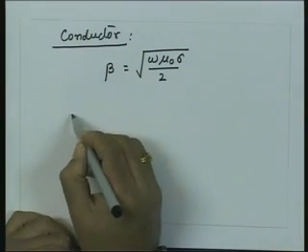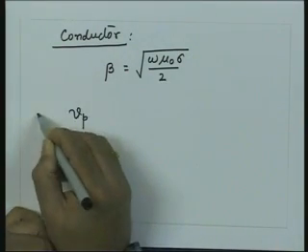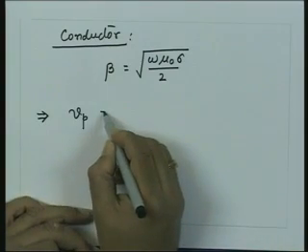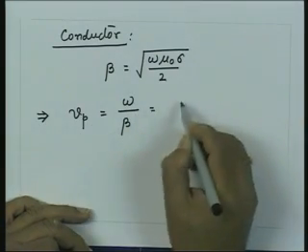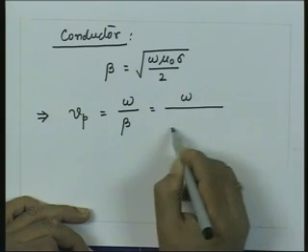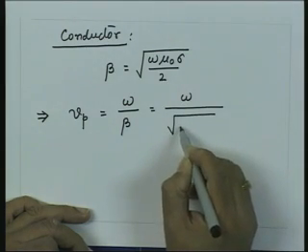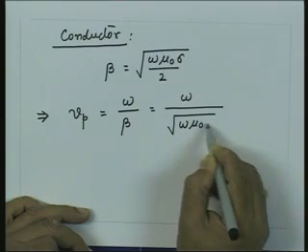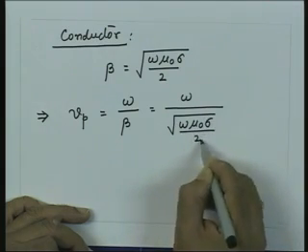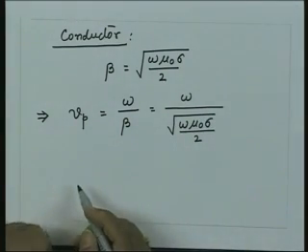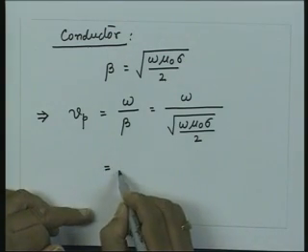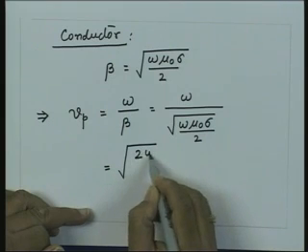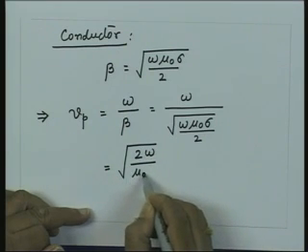So, we can have the phase velocity Vp, that is omega upon beta, equal to omega divided by square root of omega mu 0 sigma upon 2. So, that is equal to square root of 2 omega divided by mu 0 sigma.